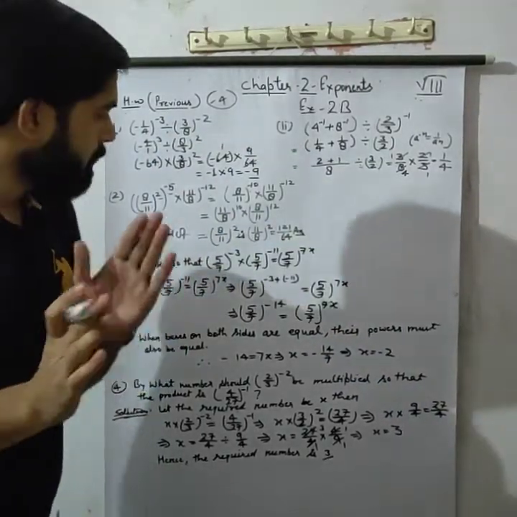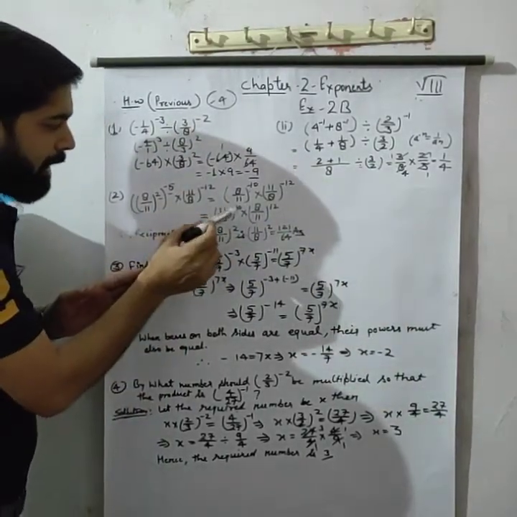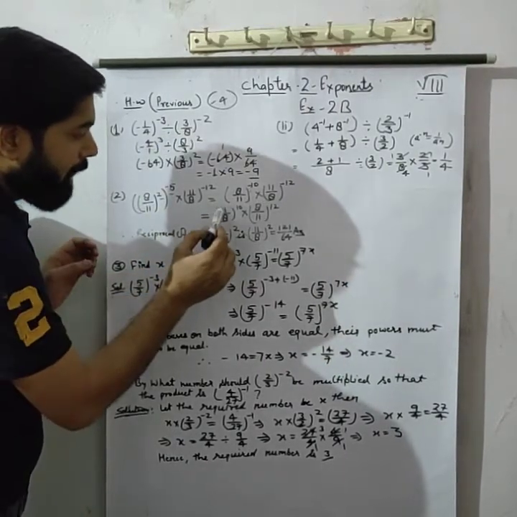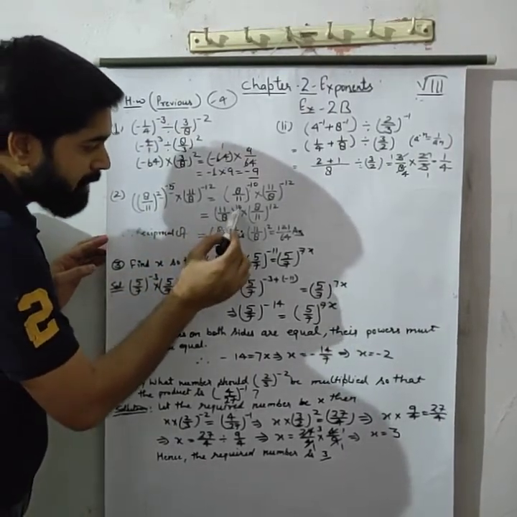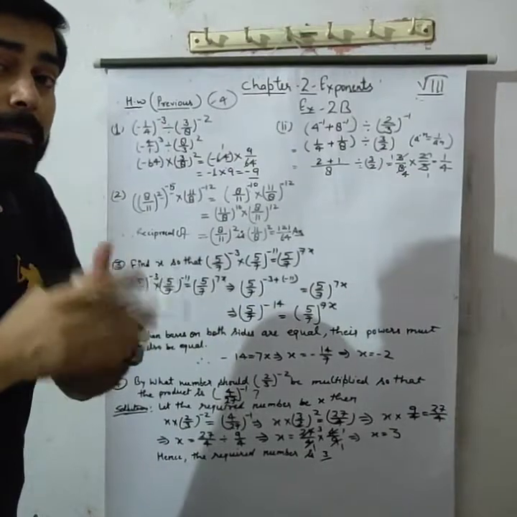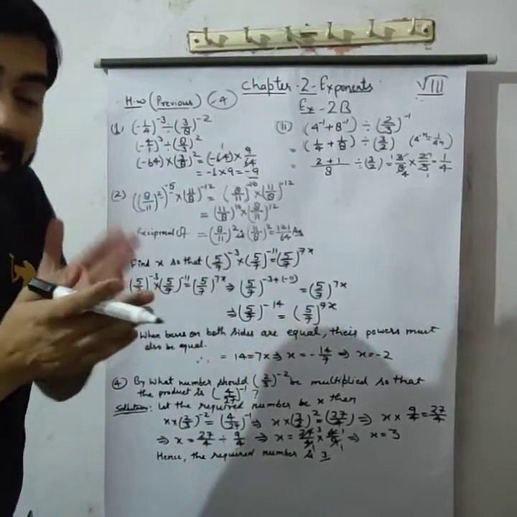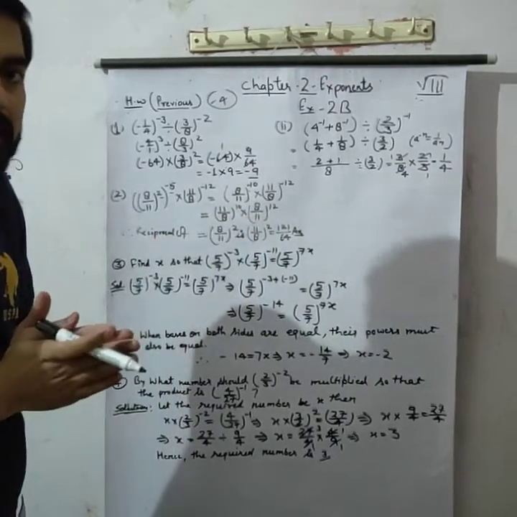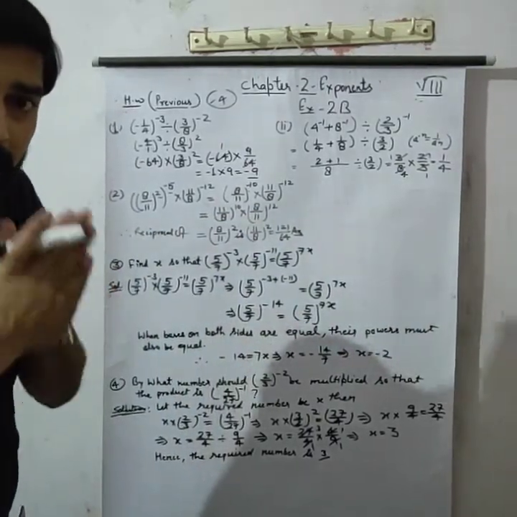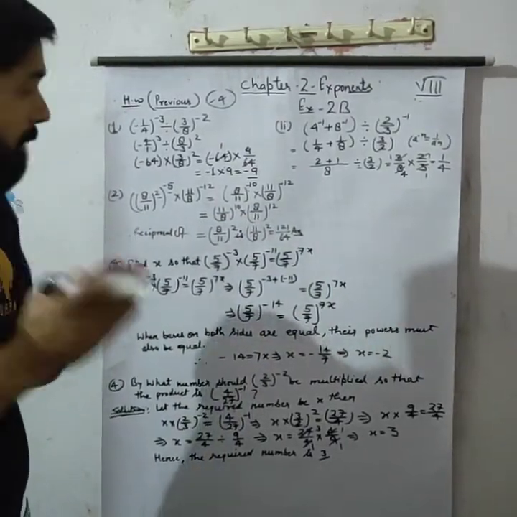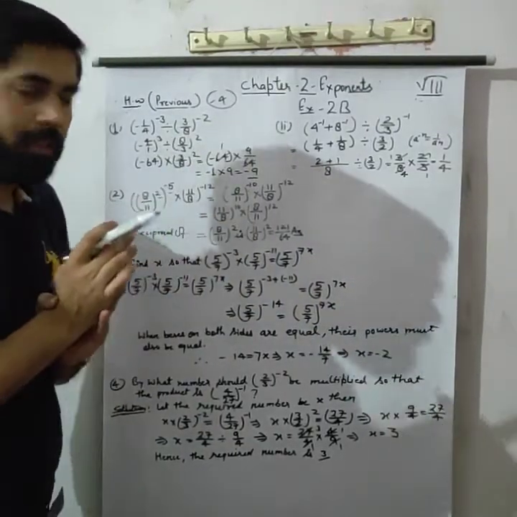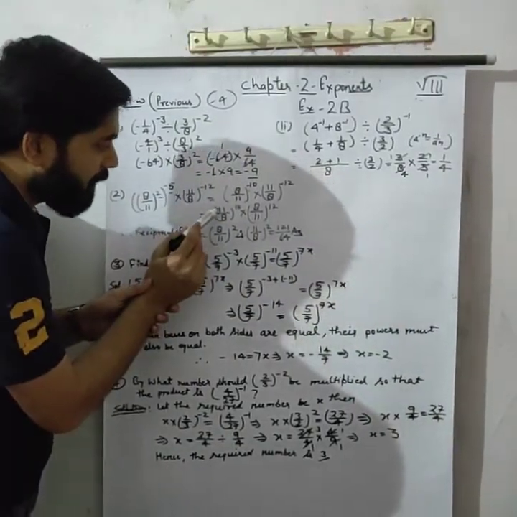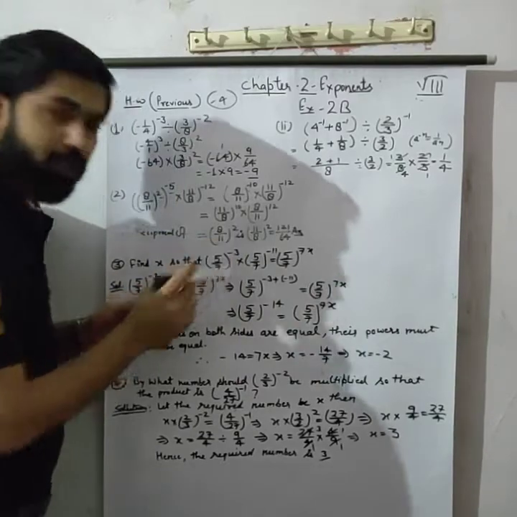Understood? Yes. Now next, listen, look here. (11 upon 8) raised to the power 10 means 11 upon 8 multiplied how many times? 10 times. And (8 upon 11) raised to the power 12 means 8 upon 11 multiplied 12 times. This is 10 times, this is 12 times. Look here, this is a numerator, here 11, and here 11 is the denominator.